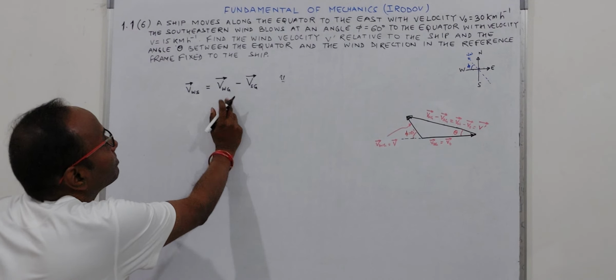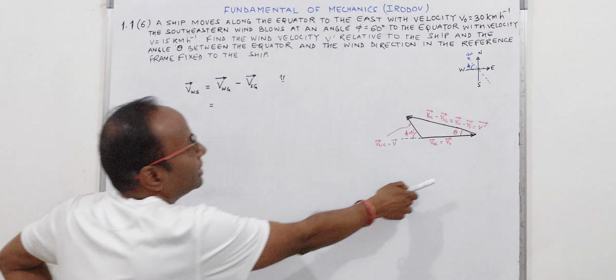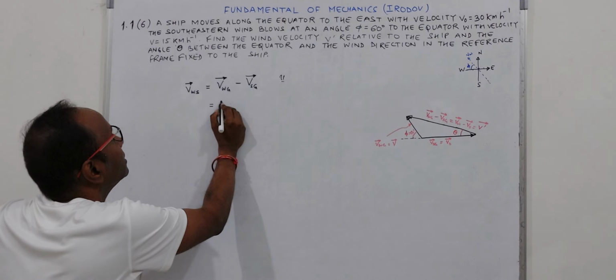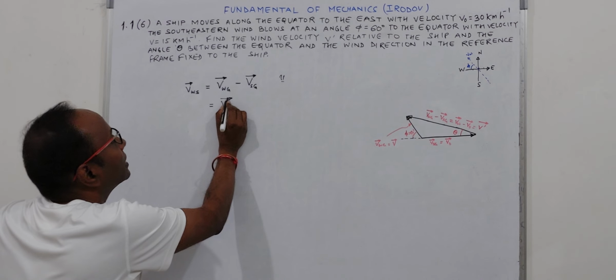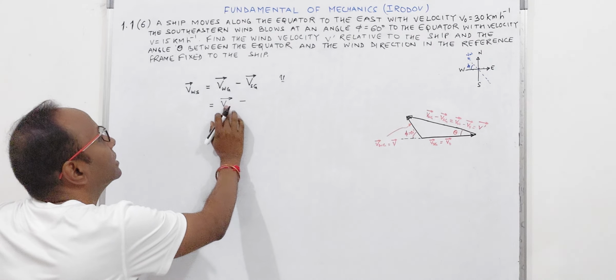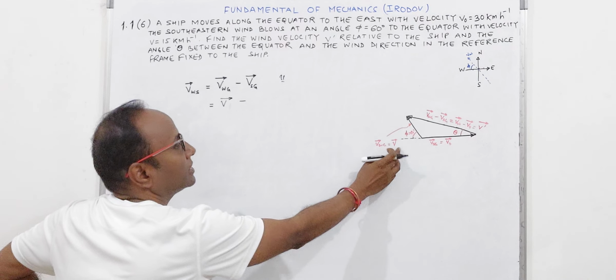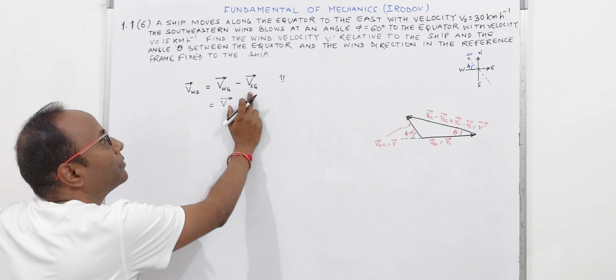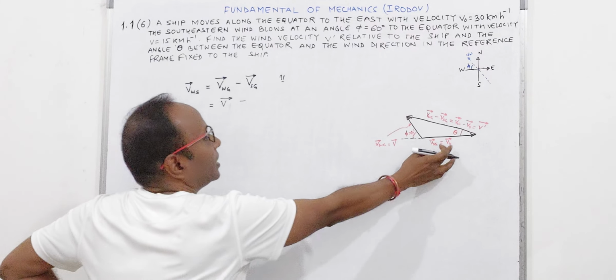Velocity of wind with respect to ground, sorry, is given v in the question. Velocity of ship with respect to ground is given v0.